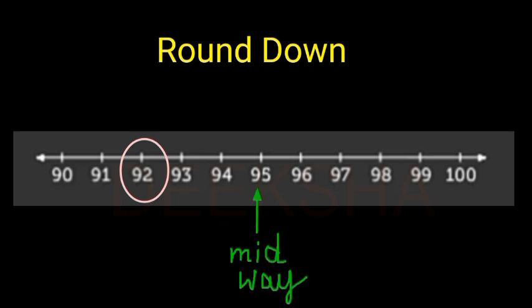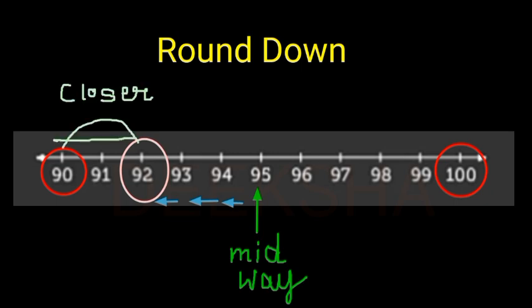Next, if we take another number like 92, midway is 95 because it is falling between 90 and 100, and 92 comes on the number line before the midway and it is closer to 90.